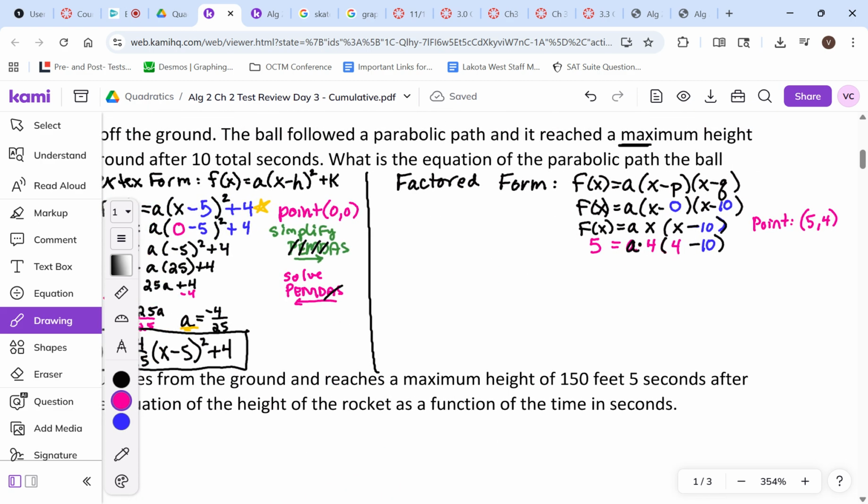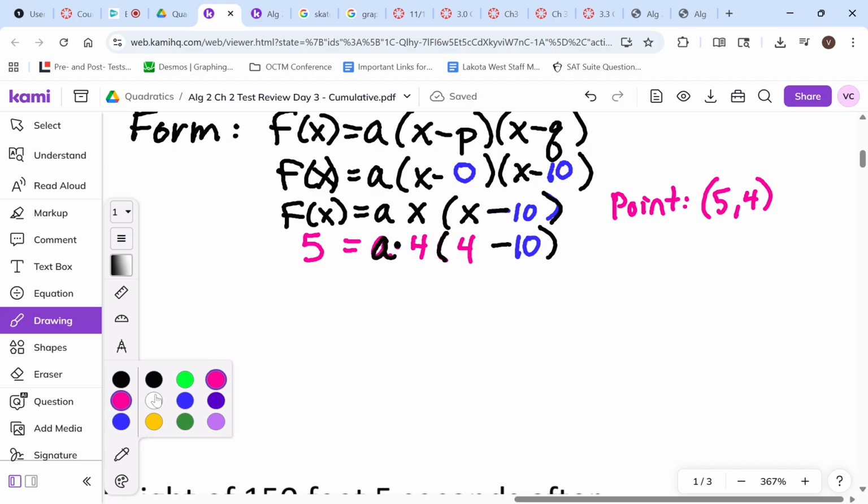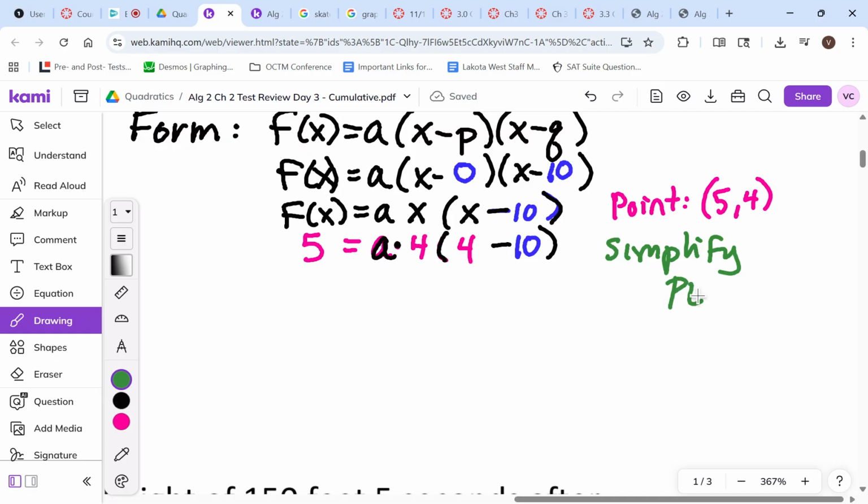And we're going to do the same thing we did over here. We're going to first simplify, and that's PEMDAS forwards.